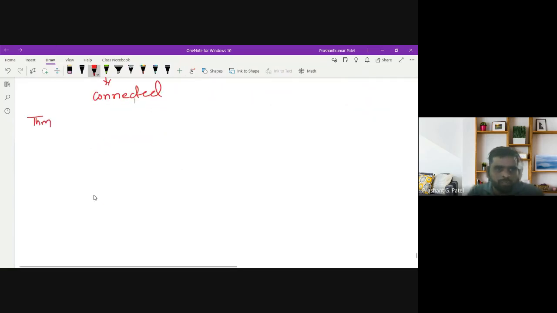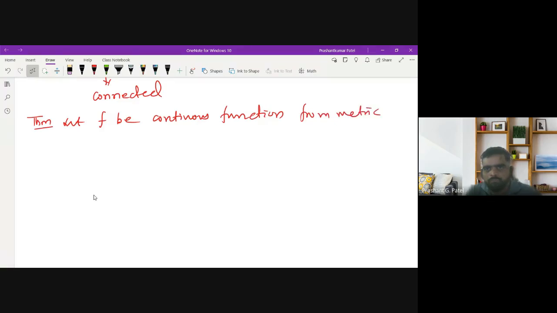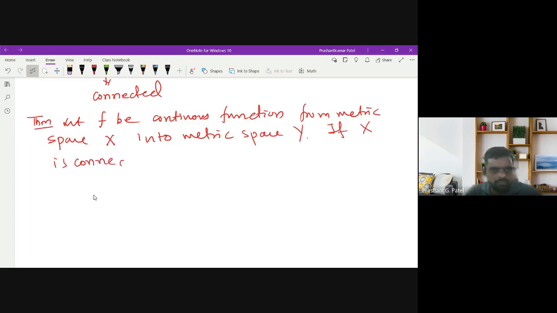Let us write the statement first. Let f be a continuous function from a metric space X into a metric space Y. If X is connected, then prove that f of X is connected.